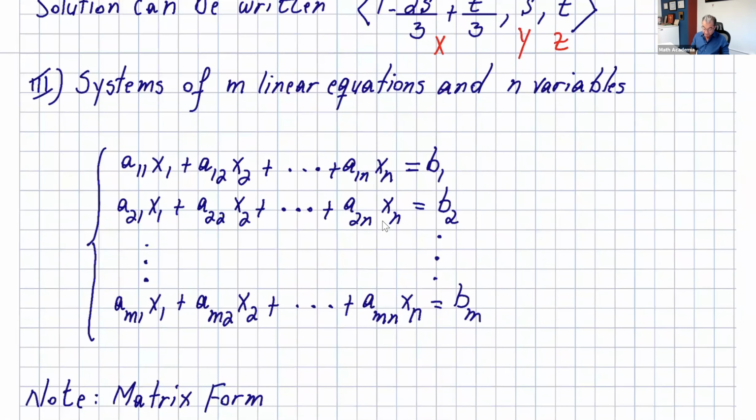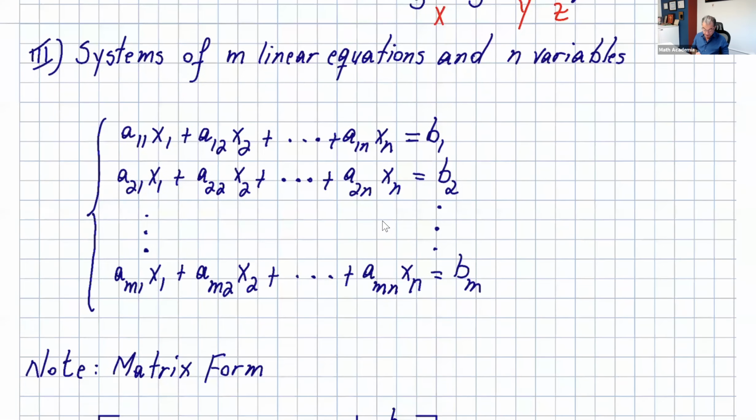Now, systems of m linear equations and n variables can be written like that. So the first equation is a11x1 plus a12x2 plus dot dot dot plus a1n xn equals b1. In the second line, a21x1 plus a22x2 plus dot dot dot plus a2n xn equals b2, and so on.